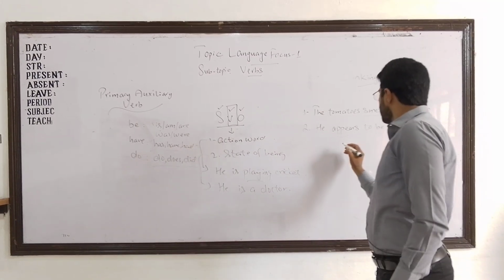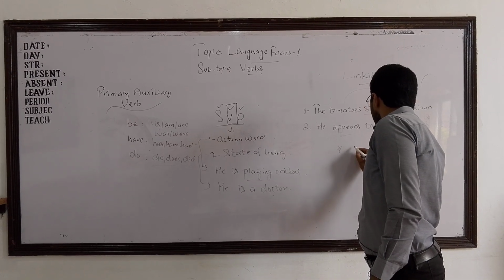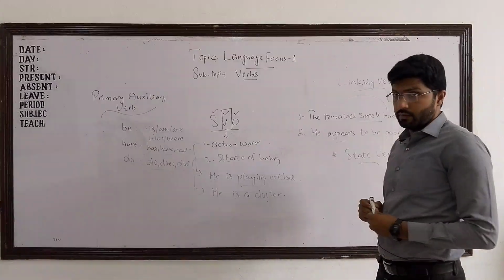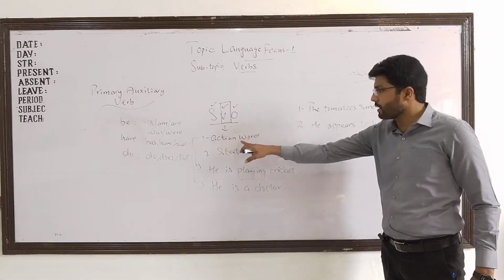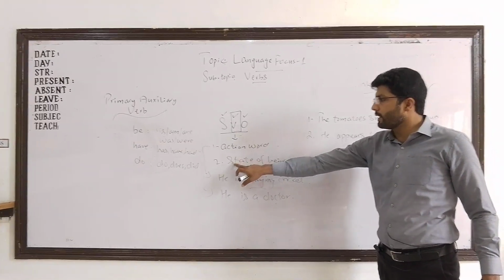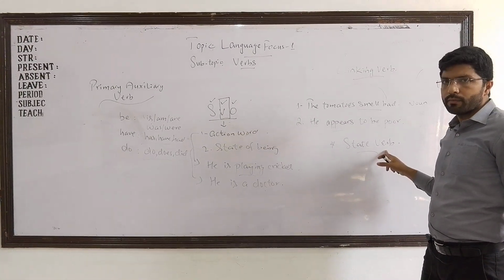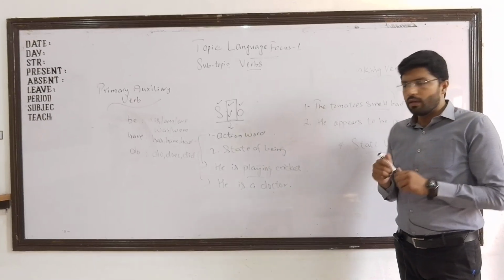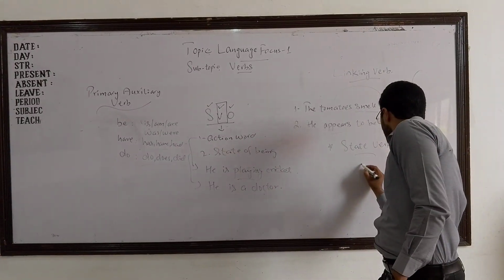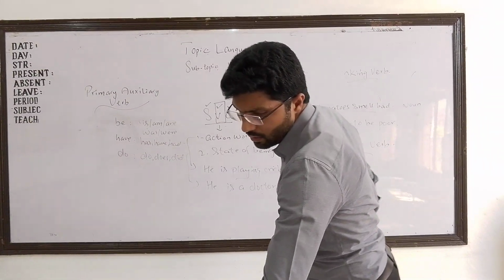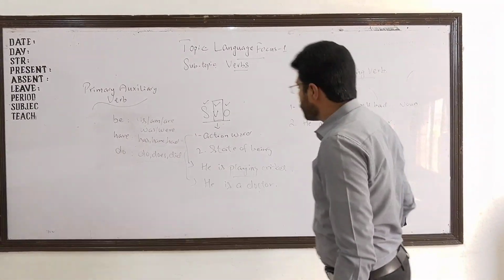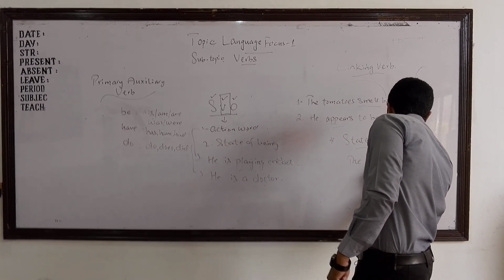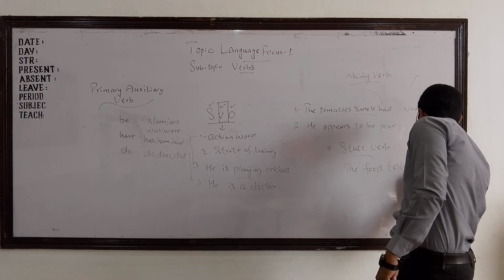Now another example: a state verb, which we have already discussed when we were discussing the definition of the verb, that it is a state of being. A state verb just tells us about the state of a particular subject. For example, the food tastes good.